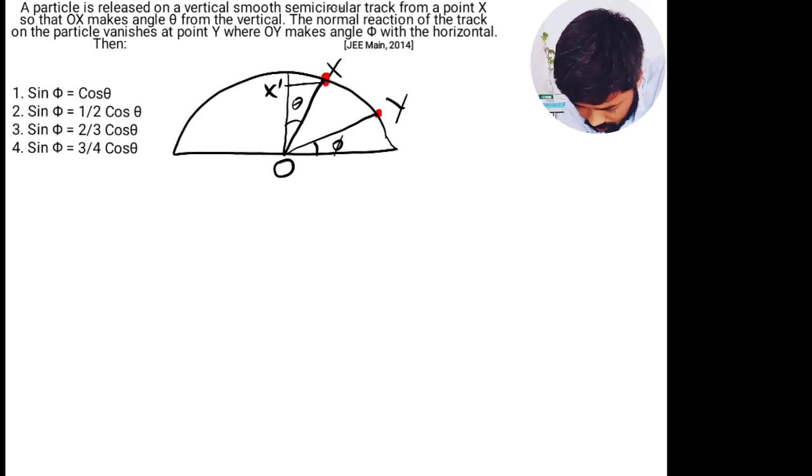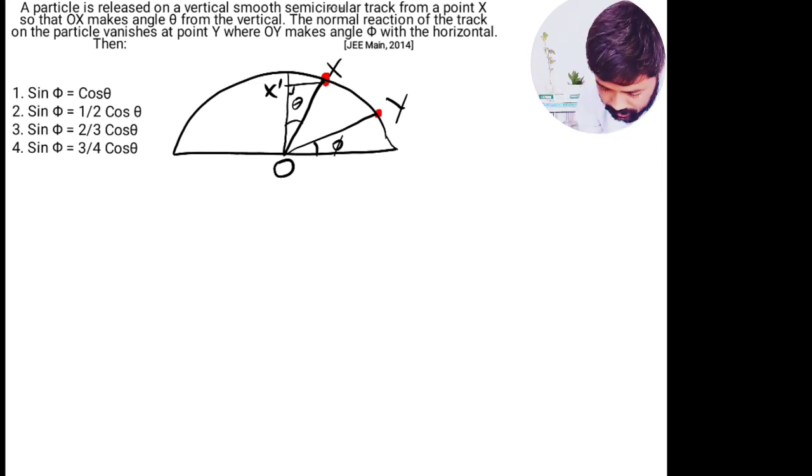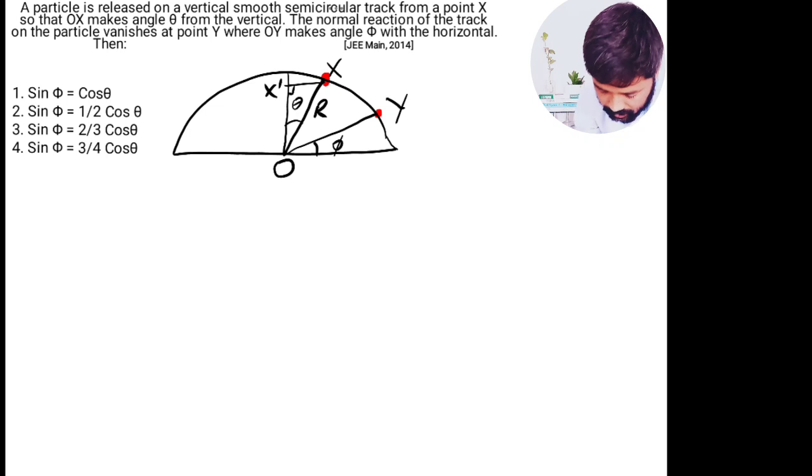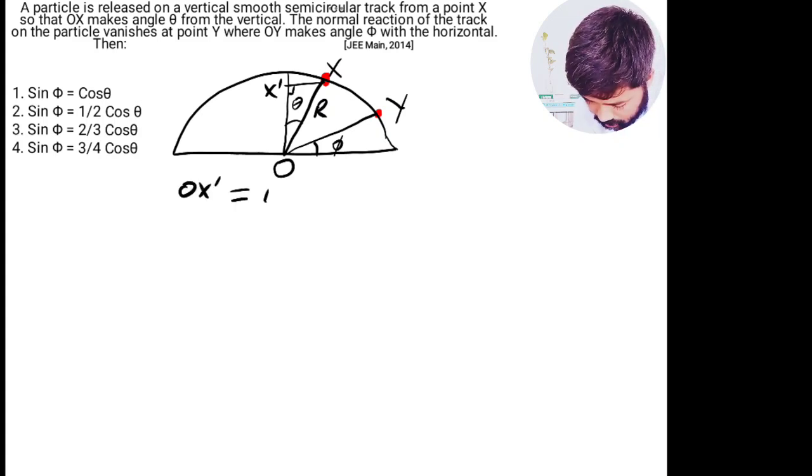If you use simple trigonometry, you will find, in this semicircular track, R is the radius. Now OX dash, which is the height, will be equal to R cos theta. Simple trigonometry.